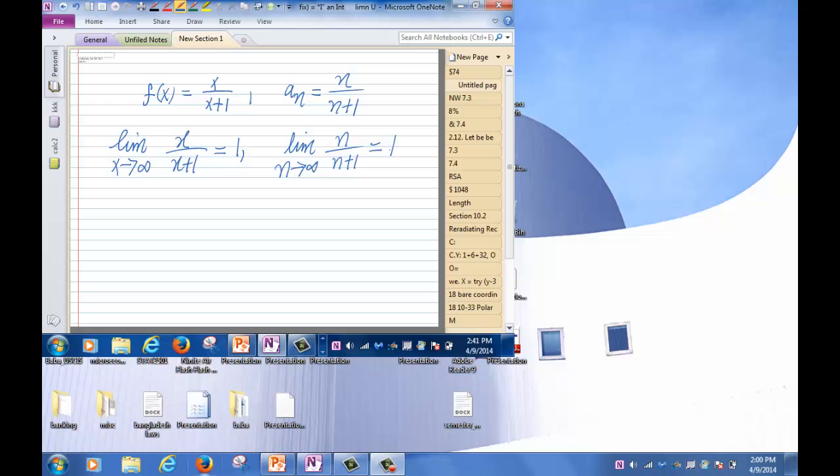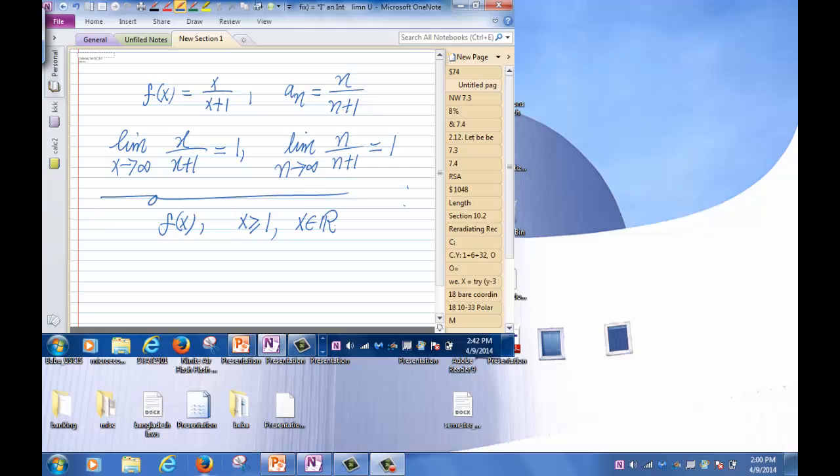So, in fact, anytime you have a function f of x, where f of x is defined for all real numbers x larger than or equal to 1, and x is any real number here.